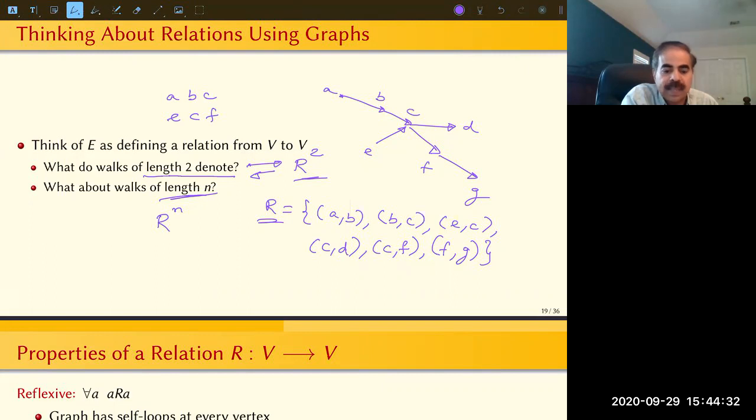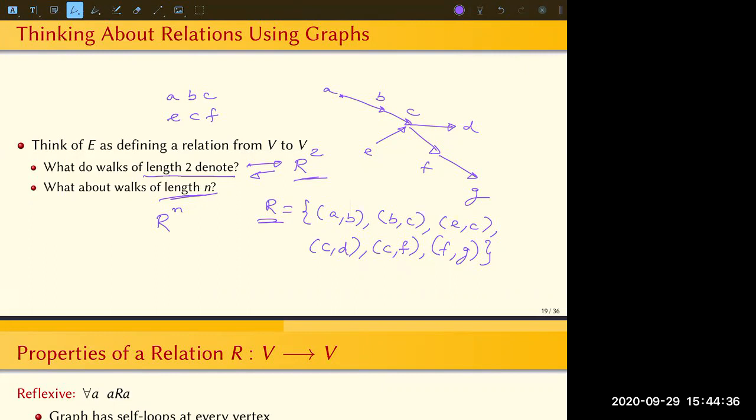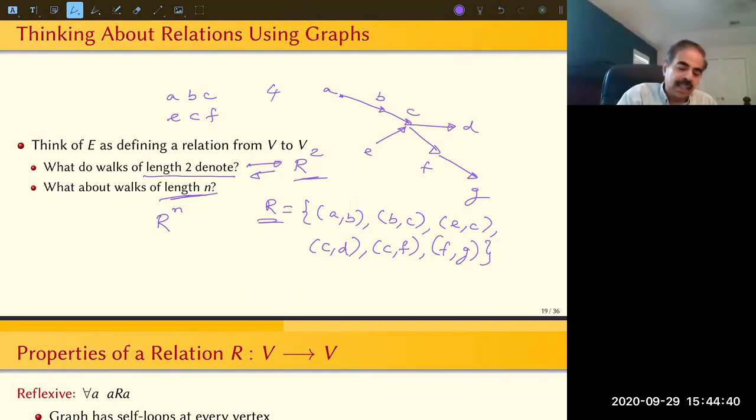What's the length of the longest path in this graph? 4. It's 4, right? So what that means is R to the power 4 will consist of what pairs?